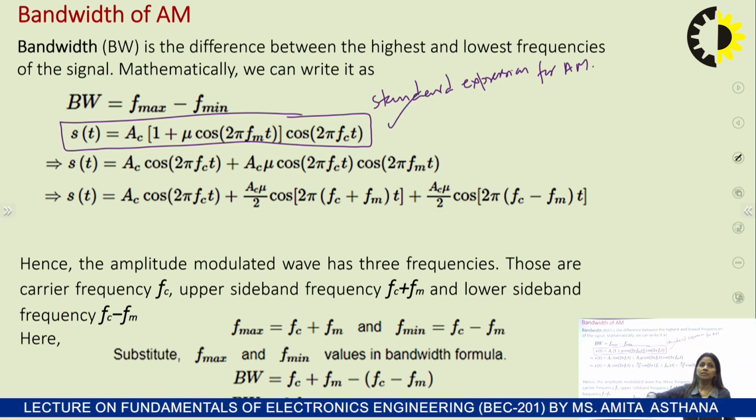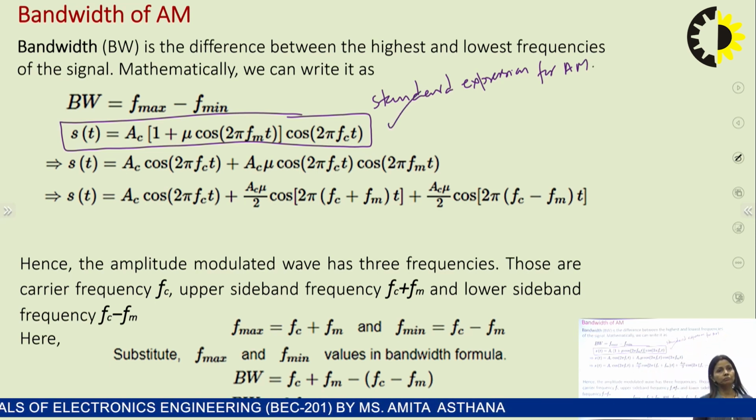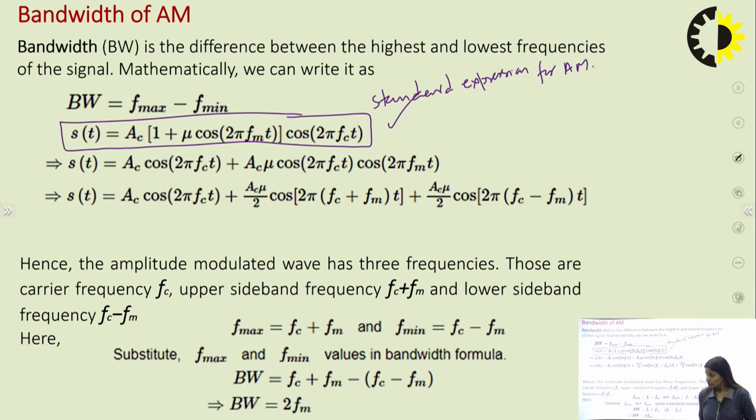My suggestion is you should learn this equation, because everything you will get from here only. So just open it and we will find these two terms: AC cos 2 pi FCT plus mu AC cos 2 pi FCT cos 2 pi FMT.